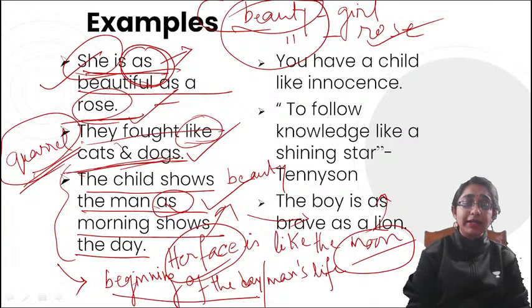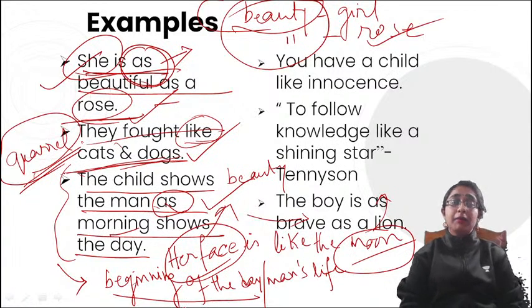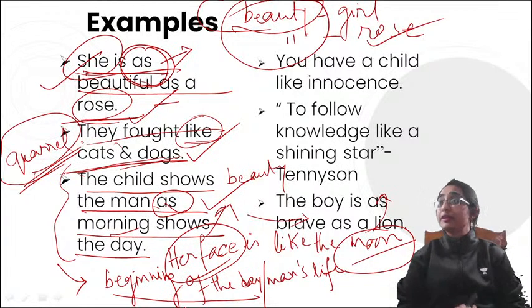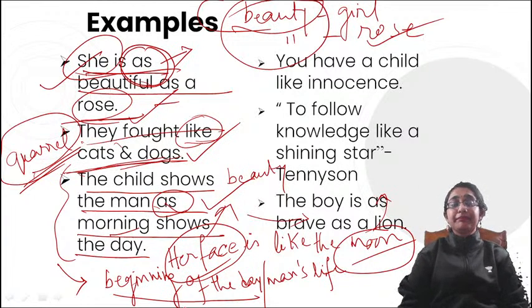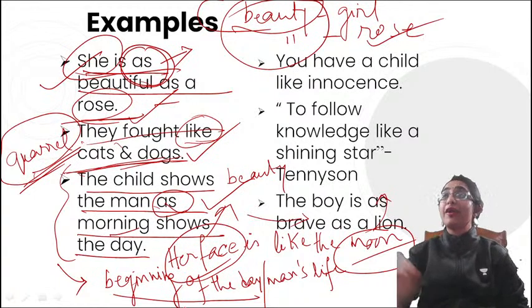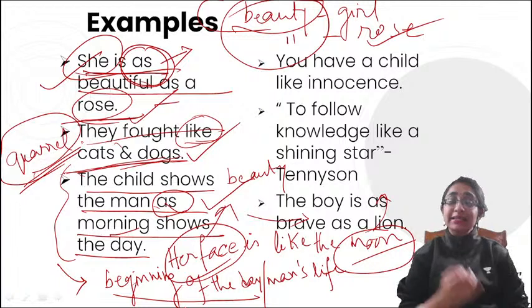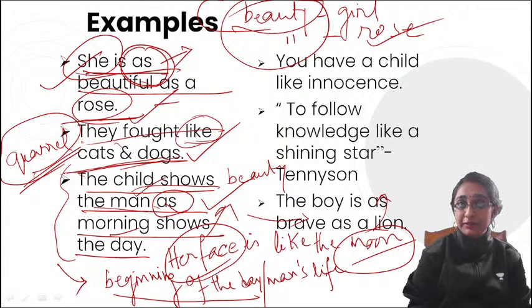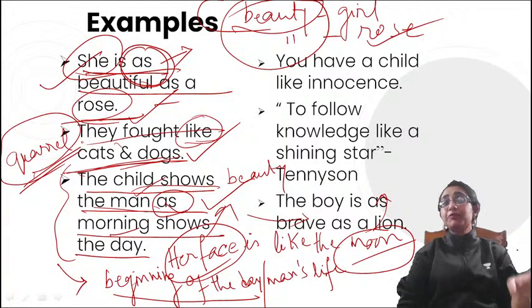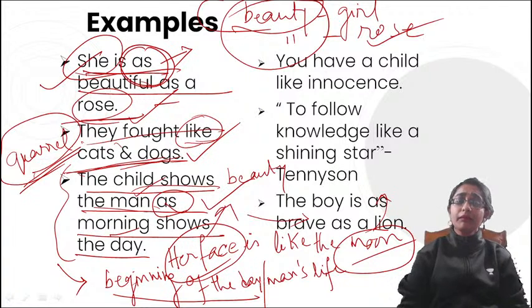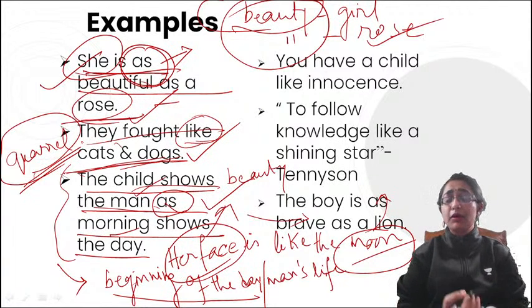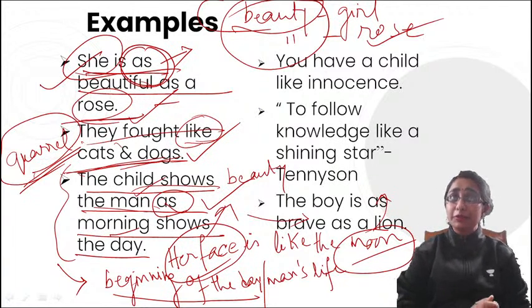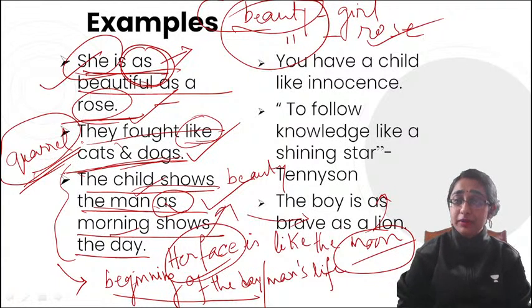The beginning of the day is morning, and morning shows the day. This is a very important proverb, that we can very well guess the whole atmosphere of the day seeing the morning, right? Similarly, the child shows the man. That means from childhood, all the training, all the good behaviors, all the societal rules we learn to adopt.